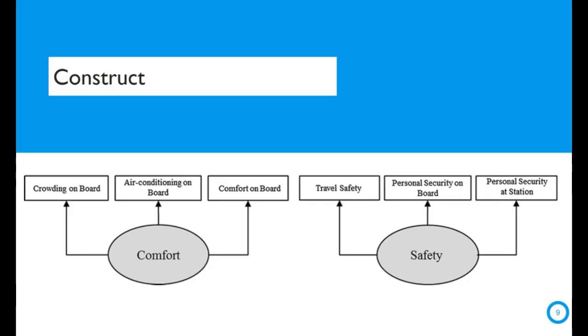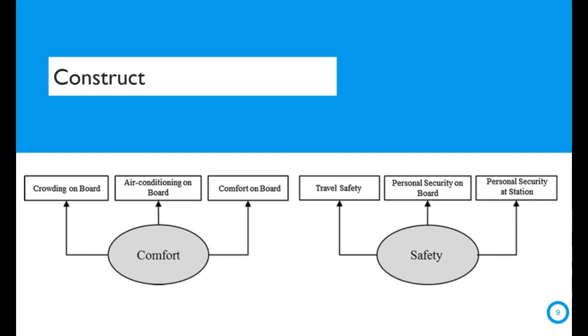This slide shows two examples of constructs. Let's say you are going to measure safety in the tourism context. You have three items in order to measure that specific construct, which are travel safety, personal security on board, and personal security at the station.